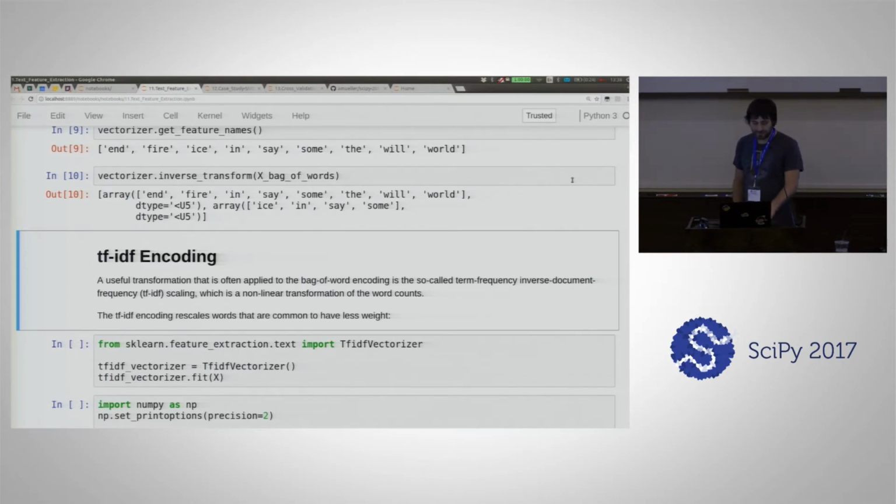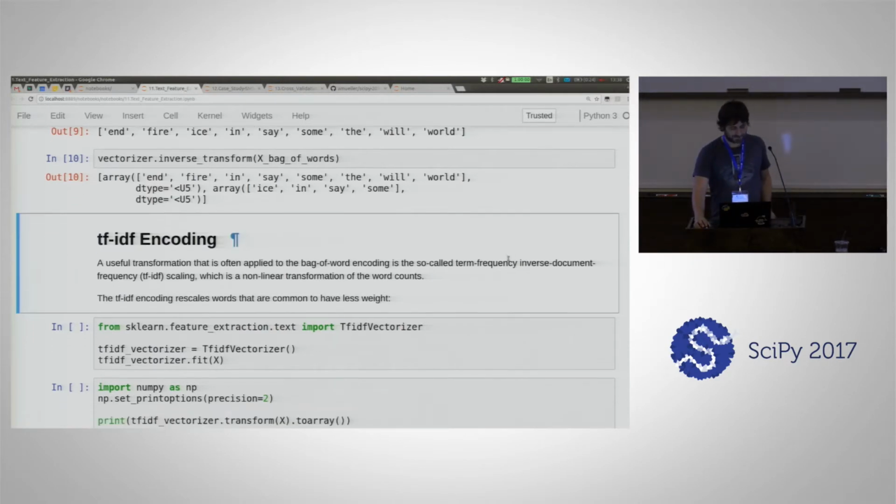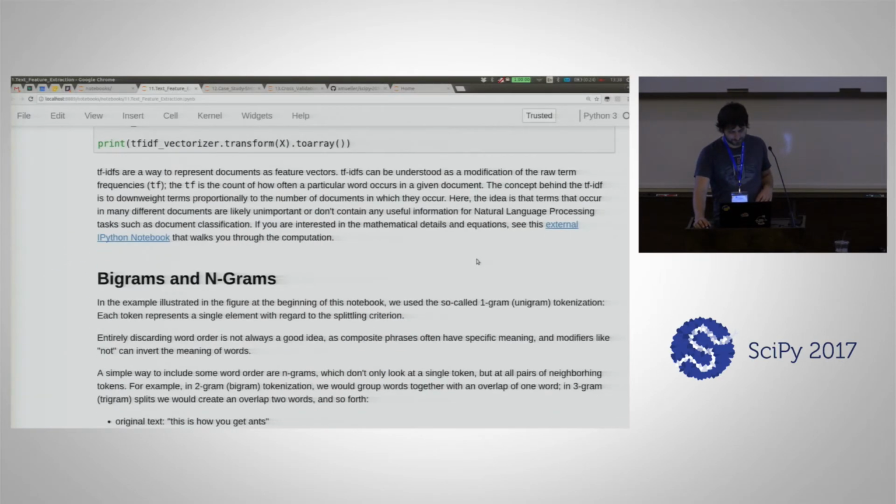TF-IDF stands for term frequency inverse document frequency. Term frequency means how often a term appears in a document, and document frequency means how many documents it appears in.